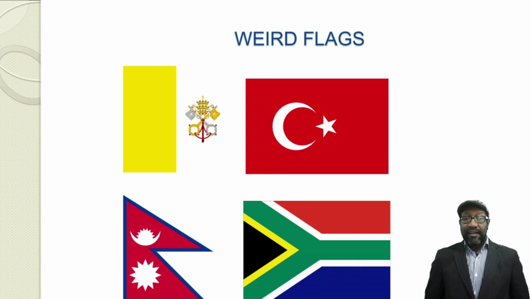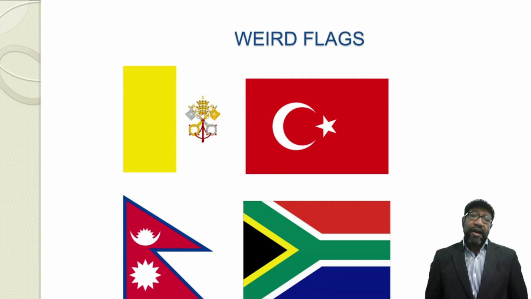You know, white background with a red circle in the middle. But let's check this out, right? So we have here this flag, yellow and white, and there's this weird image in it. I think two keys and, I don't know, something weird.